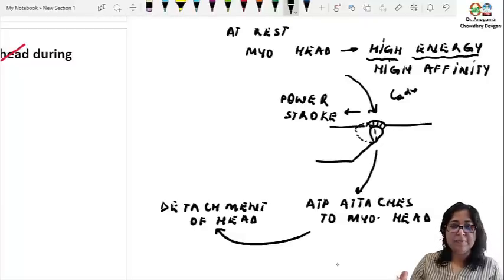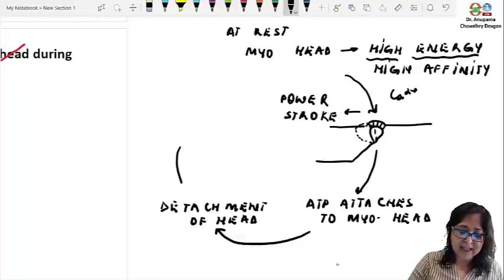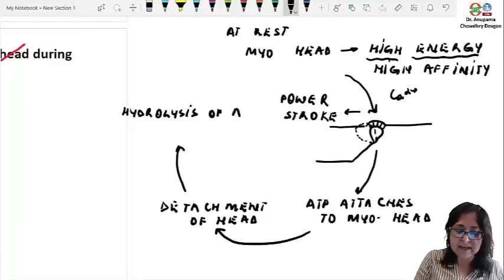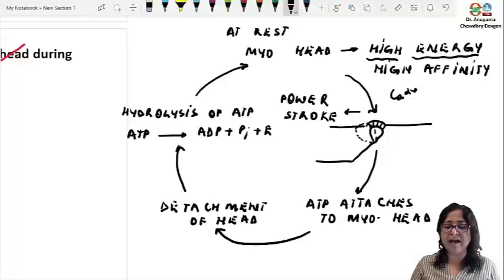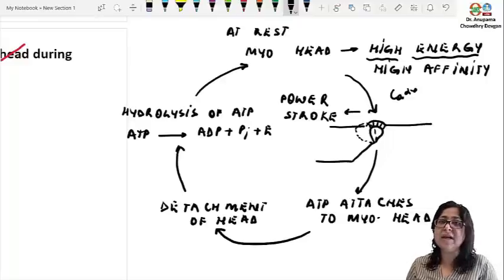So like I said, ATP attaches to the myosin head, a conformational change causes detachment of the head, and that same ATP is now going to be hydrolyzed. The myosin head has an ATPase enzyme which will cause the breakdown of ATP to form ADP plus inorganic phosphorus plus energy, and the head goes back into that high energy, high affinity state.